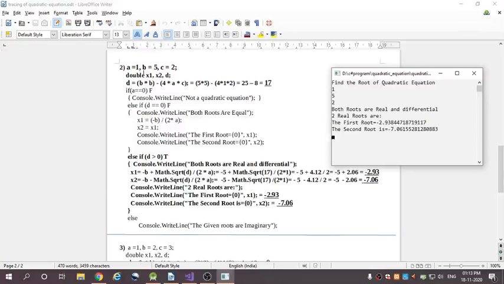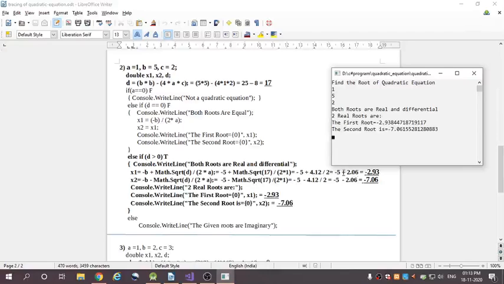Here a value is 1, so 2 into 1 is 2 only, so minus 5 plus the square root of 17, 4.12, divided by 2. And first we calculate 4.12 divided by 2, and the calculation of this is 2.06.